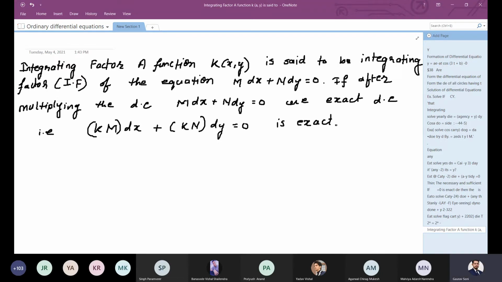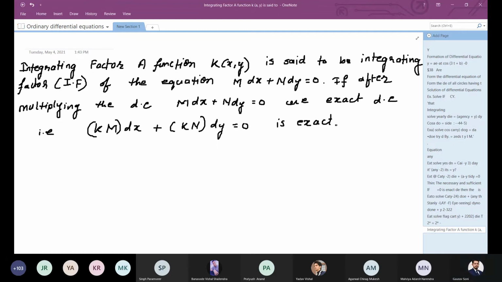So what we will do is, first of all, we'll check whether it is exact or not. If it is exact, well and good. If it is not exact, then we'll find an integrating factor such that if I multiply the differential equation by it, the new differential equation is exact.